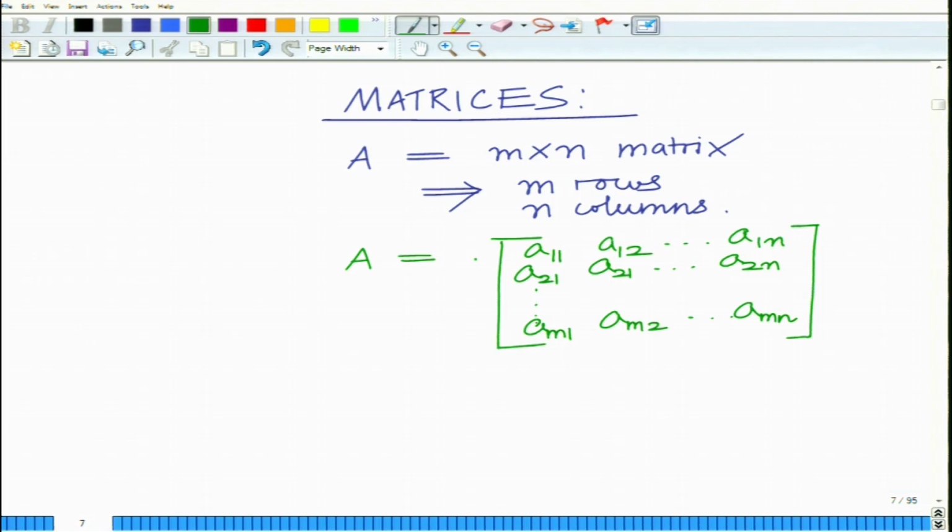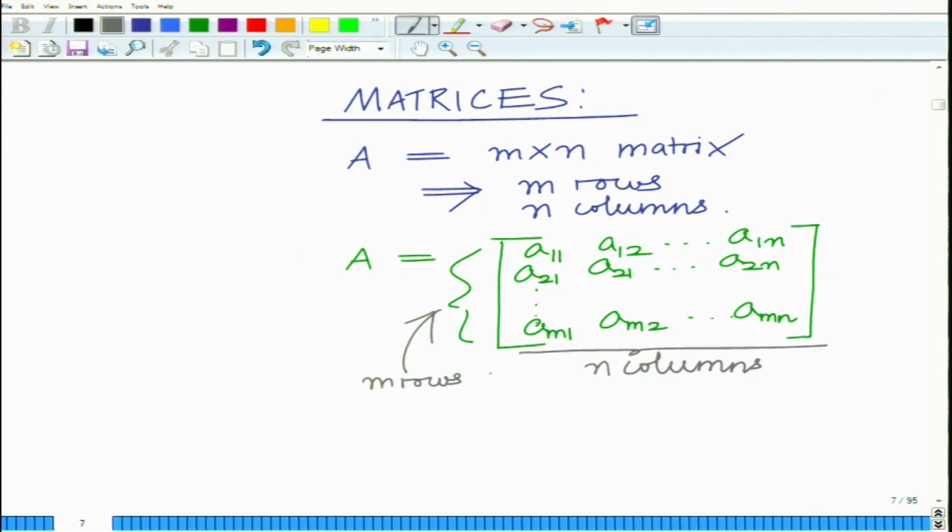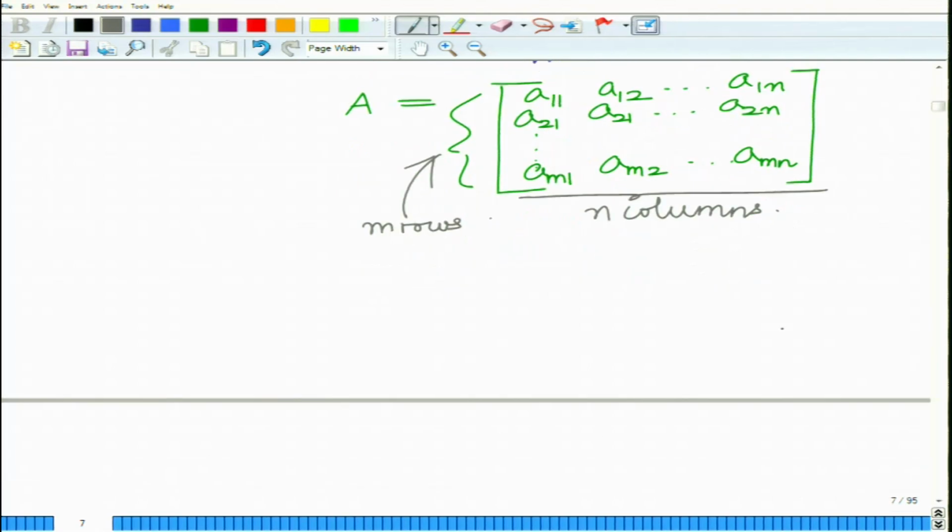So, you can see there are m rows and there are n columns, and note that the ijth element Aij equals the element in the ith row and the jth column.